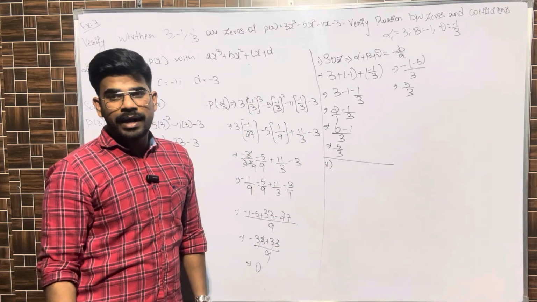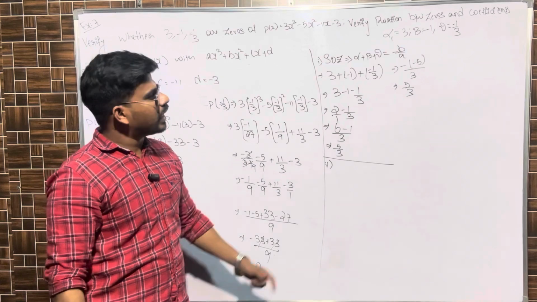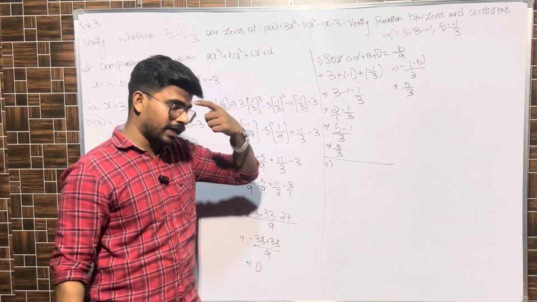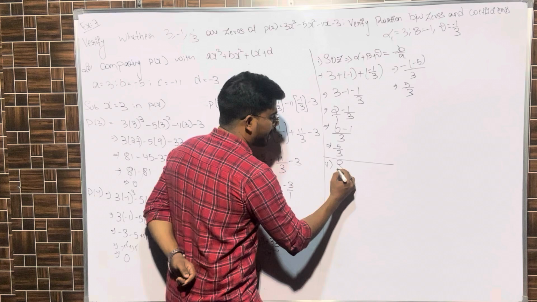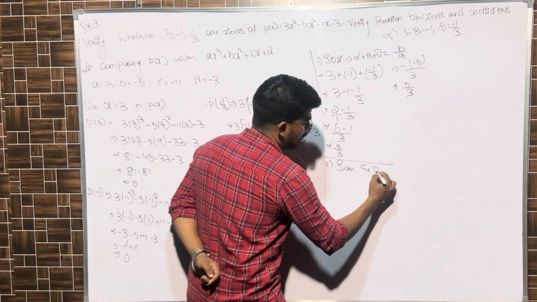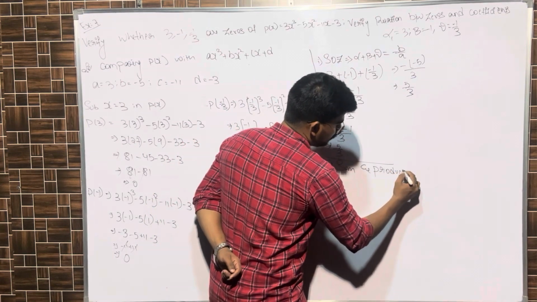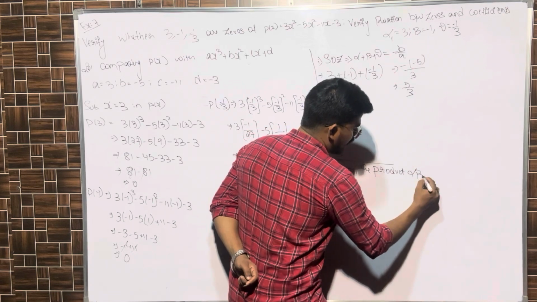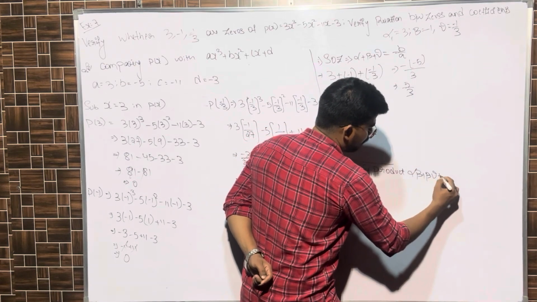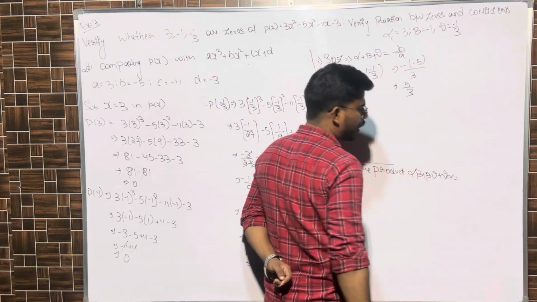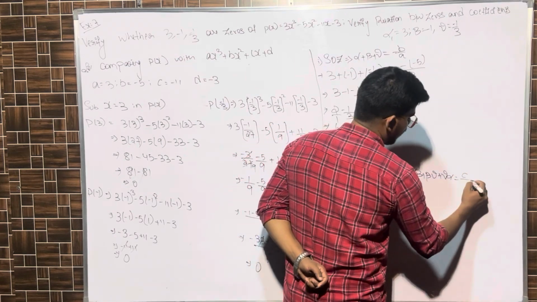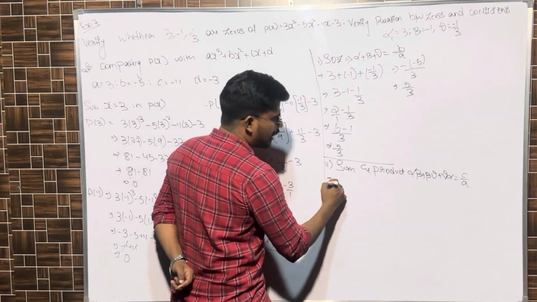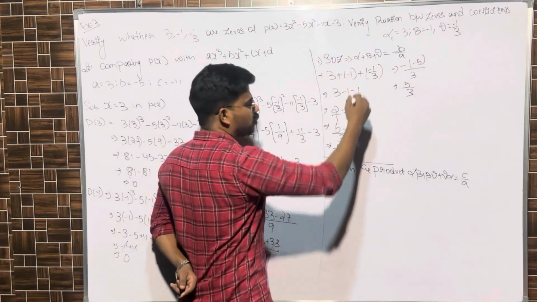3 LCM also you can take and you can solve it that way as well. Sum of products, which is nothing but alpha beta plus beta gamma plus gamma alpha, and it should be equal to c by a. Alpha into beta, 3 into minus 1.